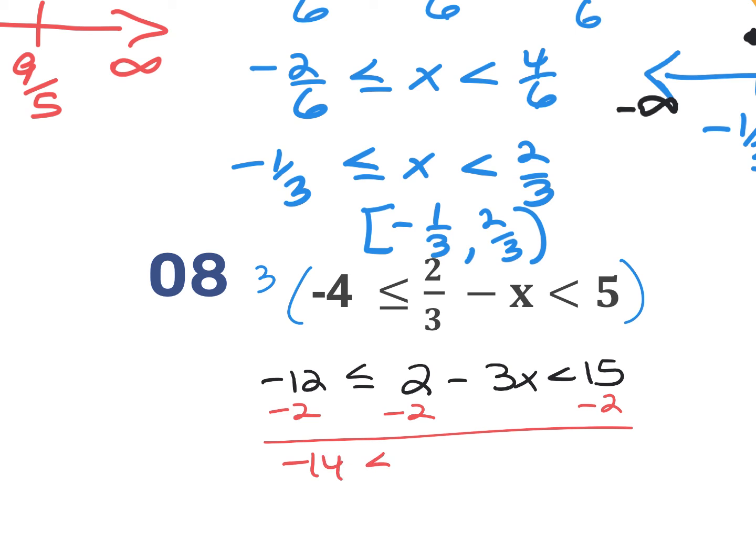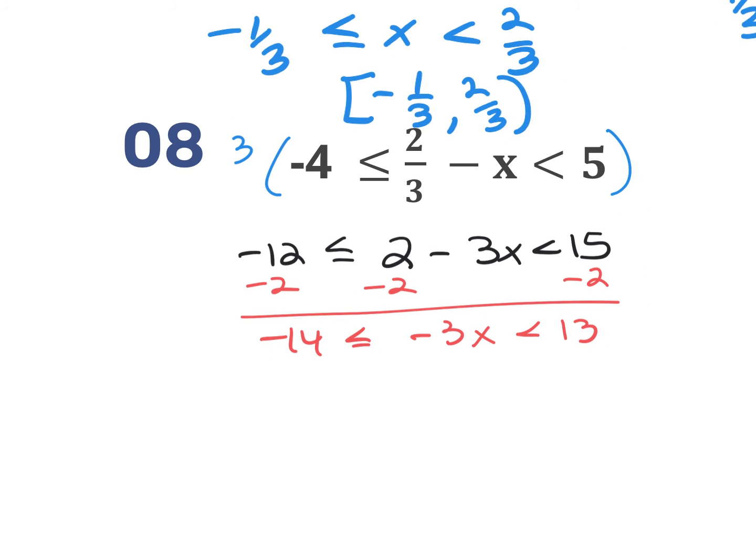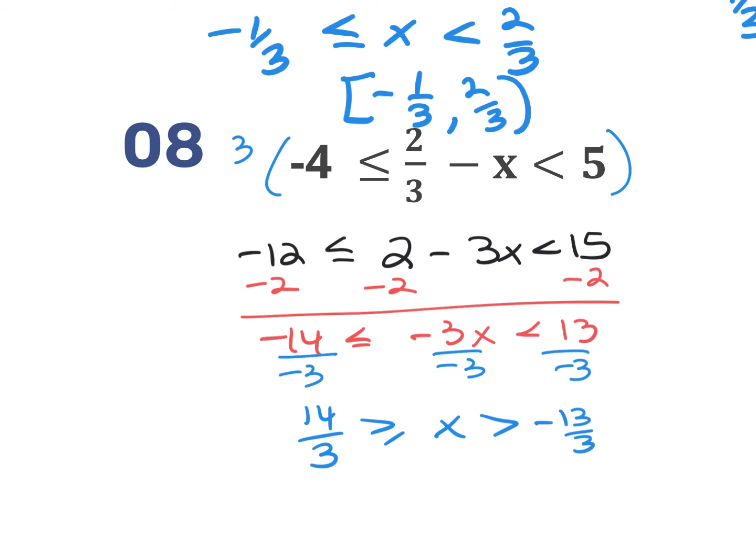Negative 14 less than or equal to negative 3x, which is less than 13. Again, when I divide by a negative, dividing everything by negative 3, I'm going to reverse both symbols. So this becomes negative divided by a negative is positive, reverse, reverse, and then negative 13/3.